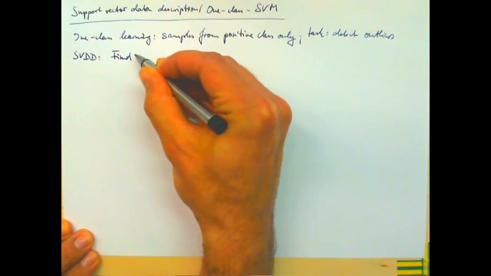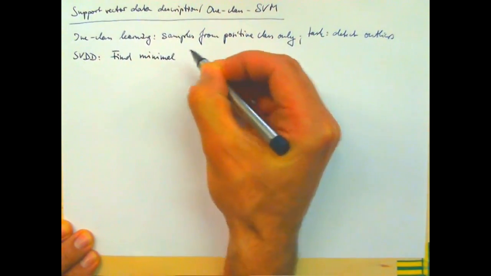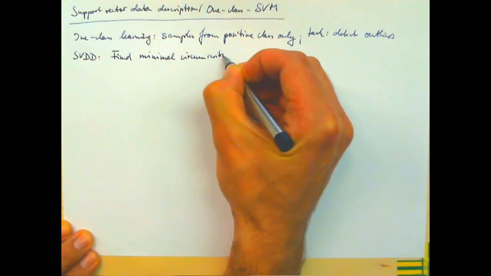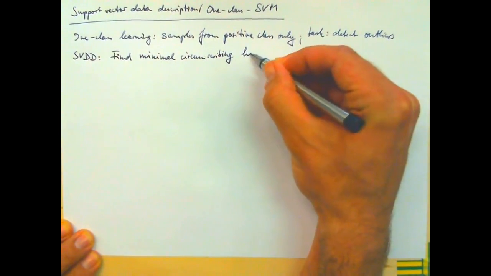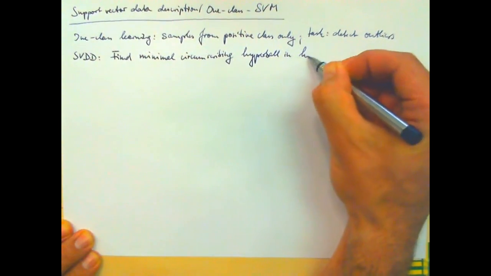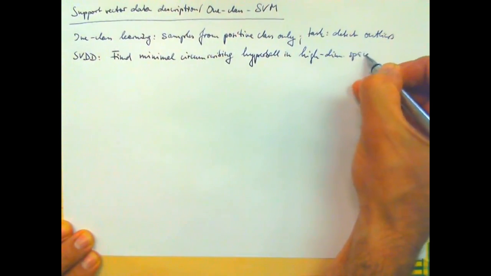So you want to find the minimal circumscribing hyperball in your high dimensional space.